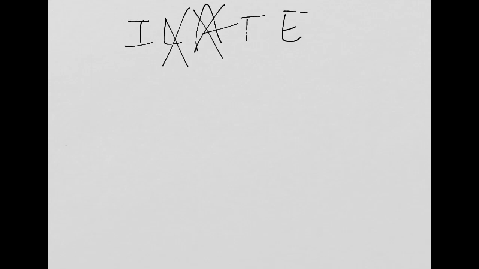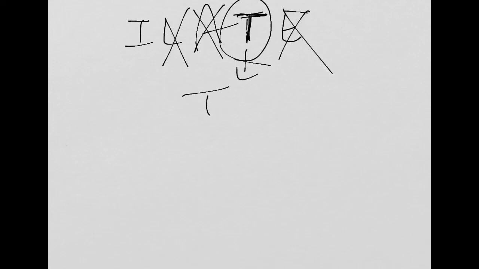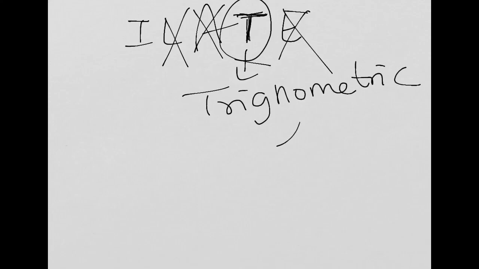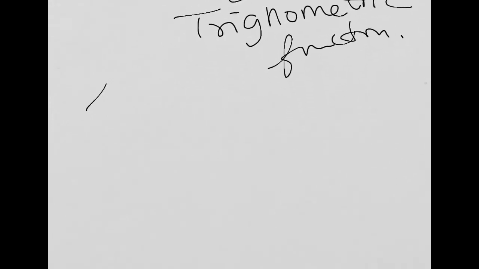Okay. We saw these 3 types now: A, L, and E. The most important of functions is T, that is trigonometric functions. The basic trigonometric ratios are sine, cos, tan.